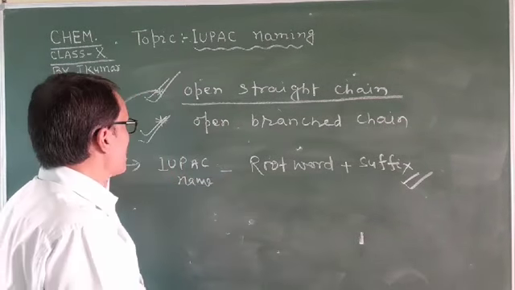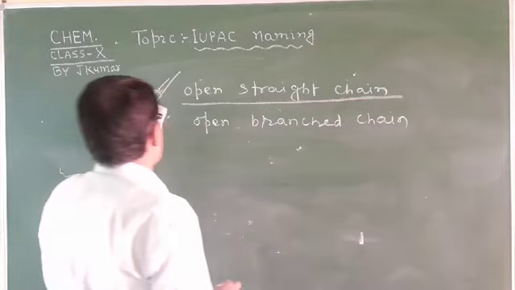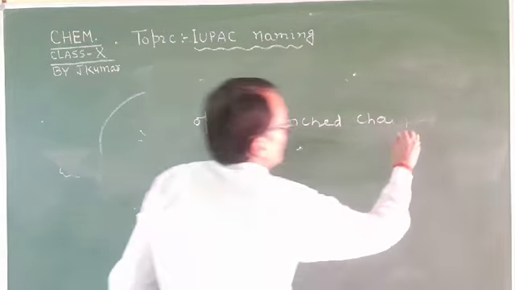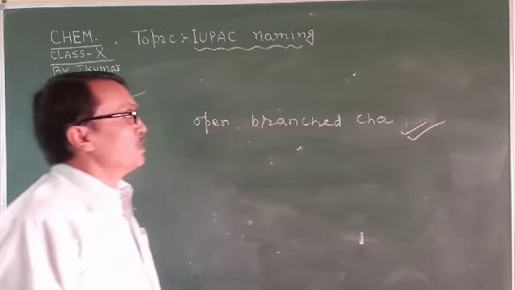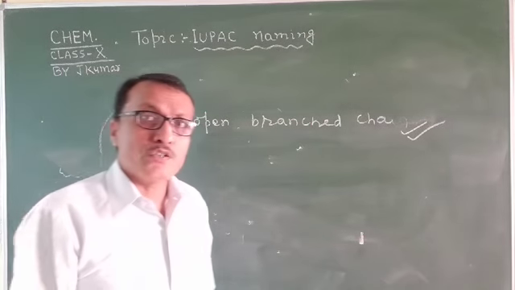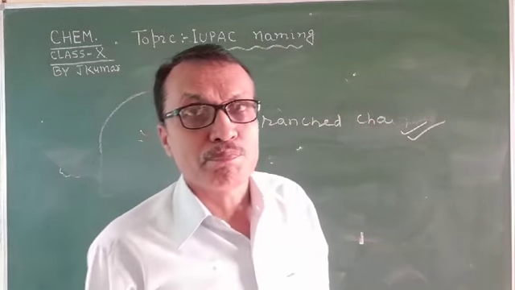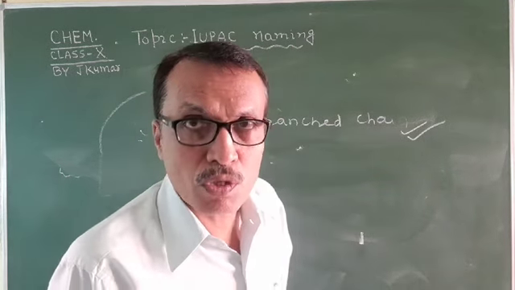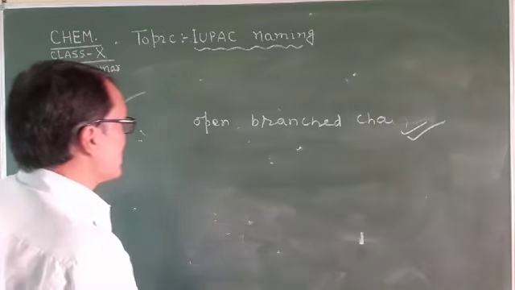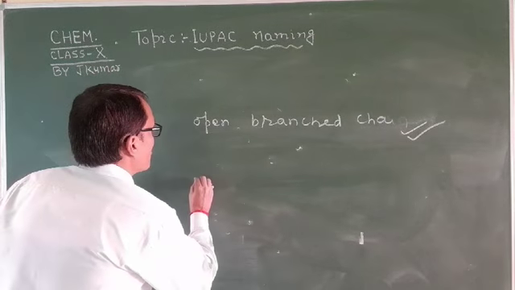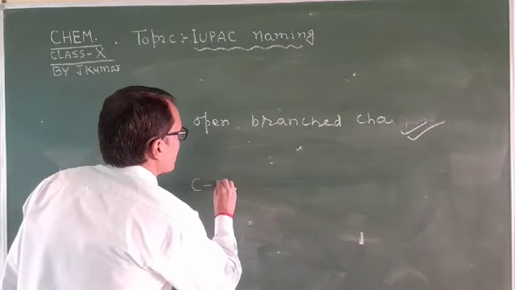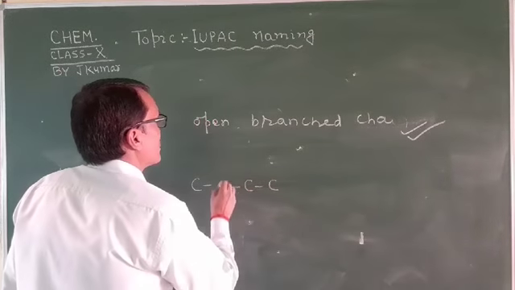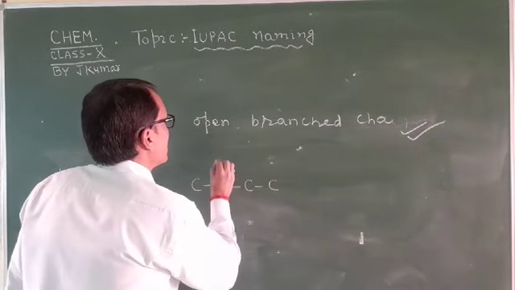So here students, we have to focus on how to get the IUPAC name of branched chain, open branched chain carbon compounds. Okay, so to understand this, I am going to put here one chain, and you have to see this.